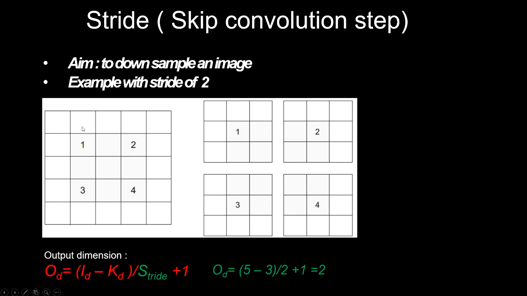For this case, you have the 5 by 5 image with the 3 by 3 kernel, and a stride of 2, so your output image will be 2 by 2. So this is your output dimension from your input 5 by 5. It's quite easy to understand in terms of the stride process.